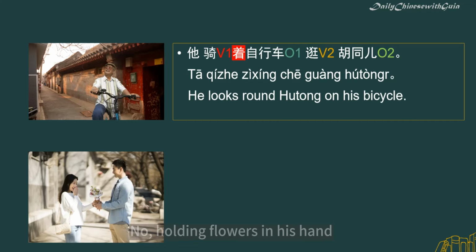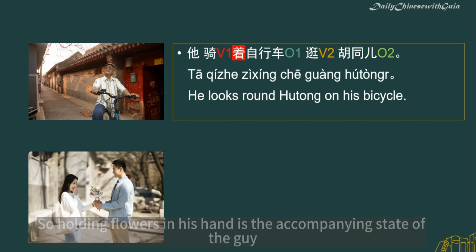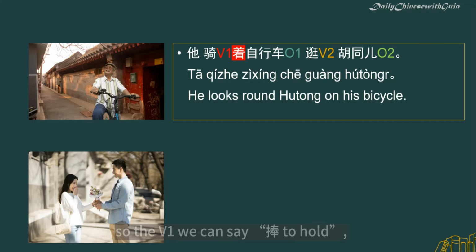No. He is holding flowers in his hand, right? So, holding flowers in his hand is the accompanying state of the guy. So verb 1, we can say 捧, to hold, plus 着, plus the object 花, flowers.